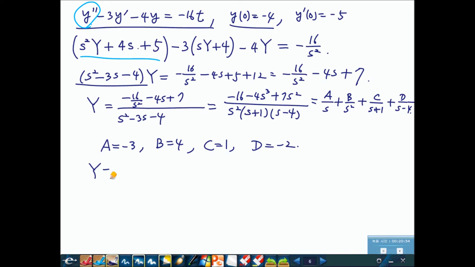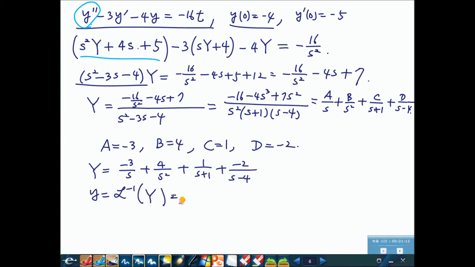So the big Y is minus 3 over s plus 4 over s square plus 1 over s plus 1 plus minus 2 over s minus 4. Okay? And the inverse transform of that big Y, if you go to the table, you can easily find. So it's minus 3 plus 4t plus e to the minus t minus 2 times e to the 4t.